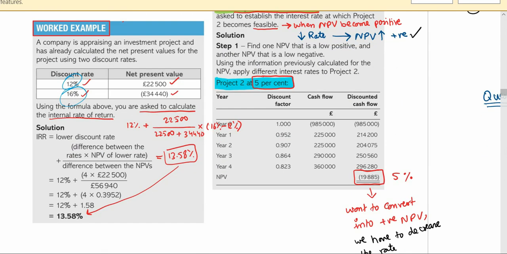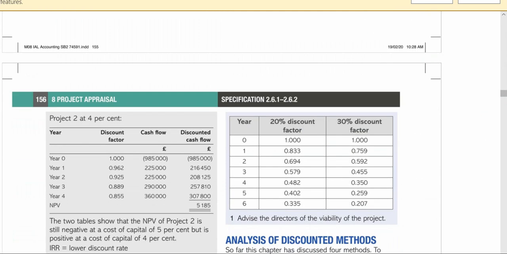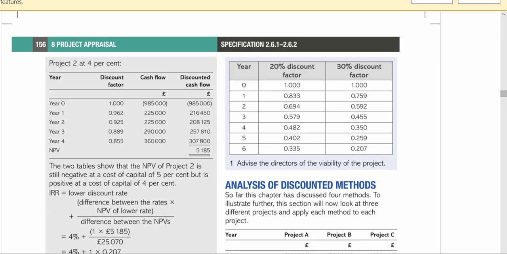So at 5% it is negative. Now we check at another percentage, which we decided is 4%. Now look at 4%. What is the net present value?